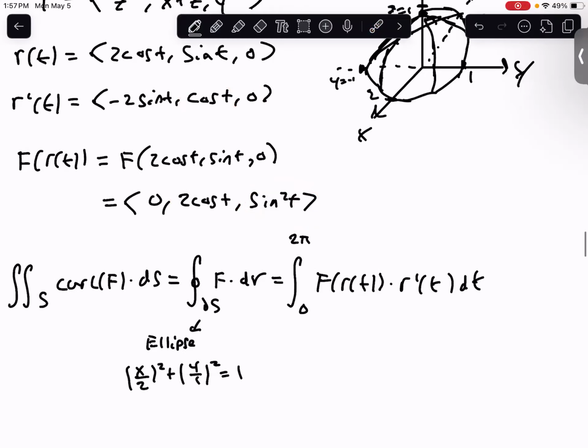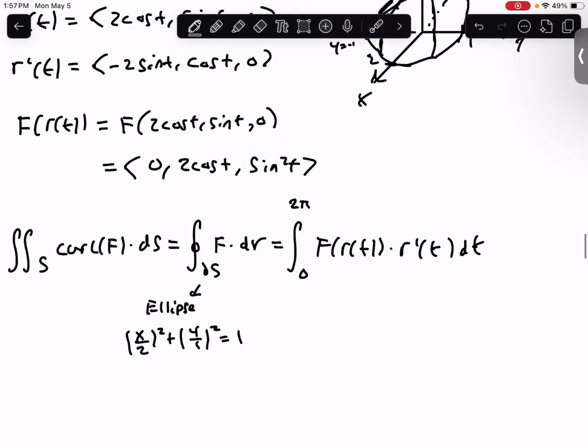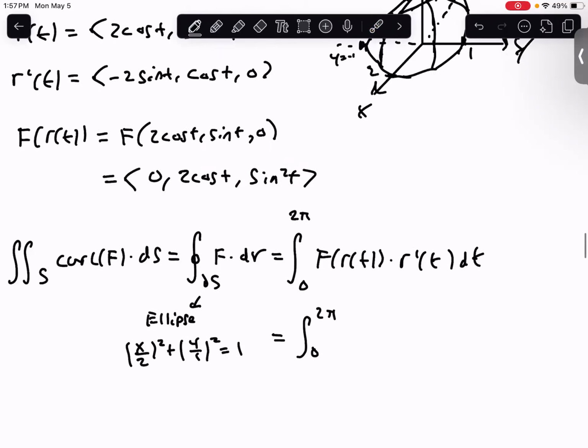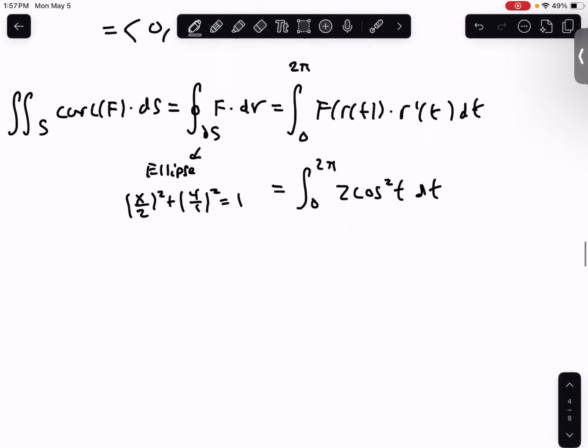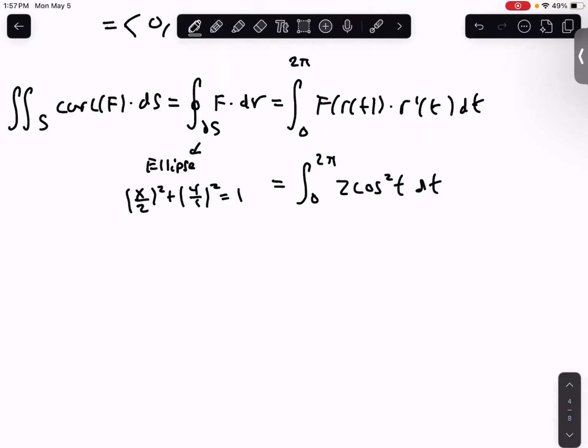So this is going to be equal to the integral from 0 to 2 pi of 2 cosine squared of t dt. From here, I'm not going to ask you to do the reduction formula or anything like that on the exam. If you do the integral of cosine squared, it's 1/2 of sine t times cosine t plus 1/2 of t. I'll just tell you this ends up being equal to 2 pi.